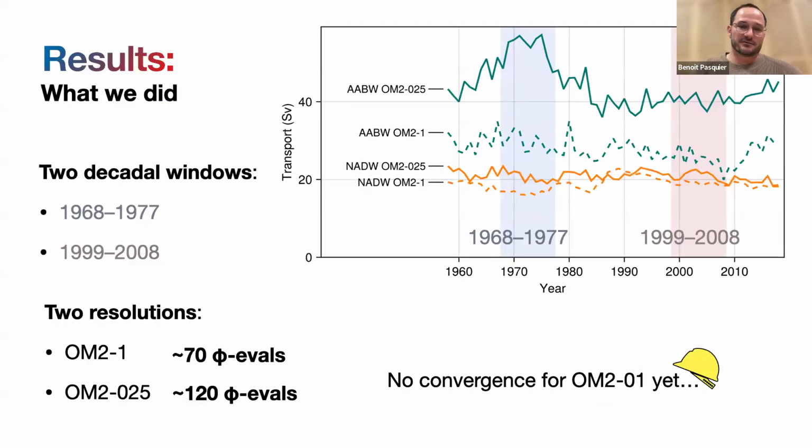So what did I actually do? I grabbed the basic simulations of OM2. I took the basic interannually forced simulations of OM2 at different resolutions, and I looked at Antarctic bottom water and North Atlantic deep water. So these are the time series shown on the right for the two resolutions and for the two deep waters.